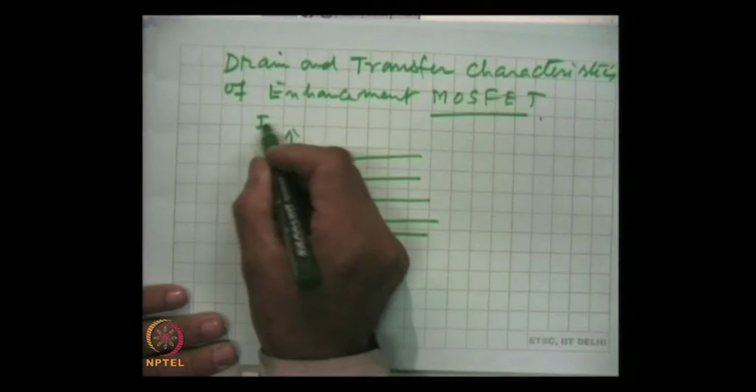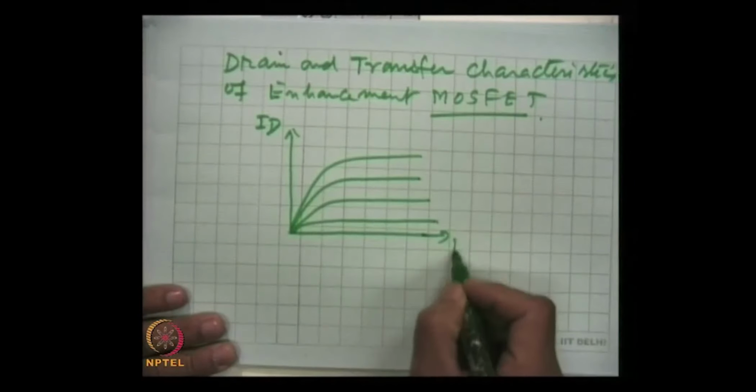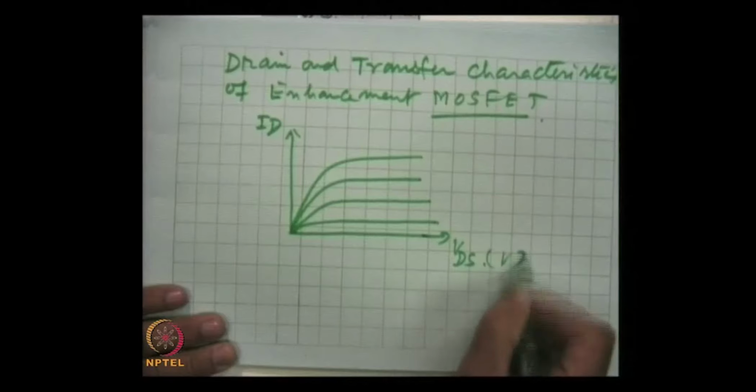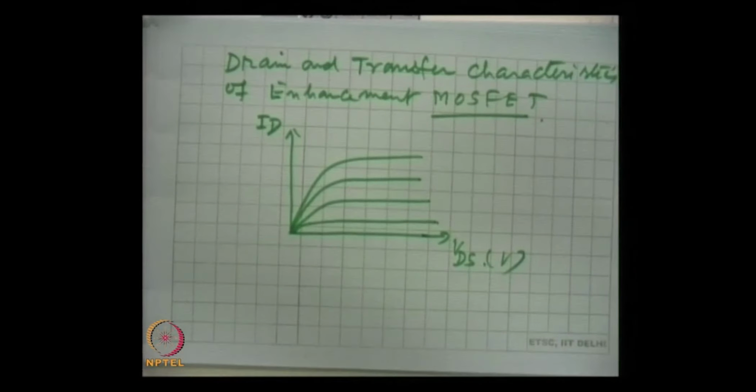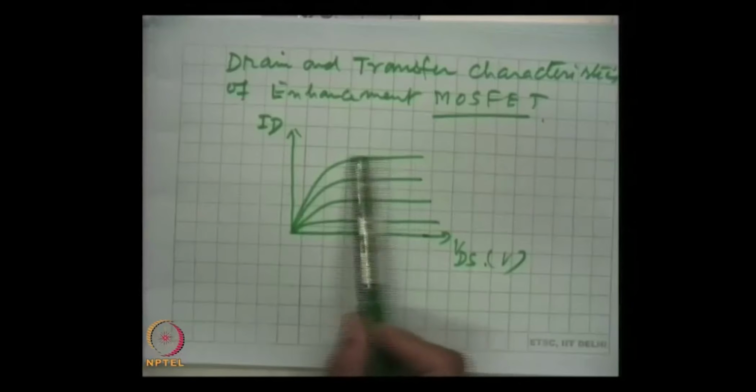This is drain current, this is VDS in volts, and these characteristics again can be divided into 3 regions: the ohmic region, the saturation region, and the cutoff region, and that we will explain. The device is operated in the saturation region as an amplifier.